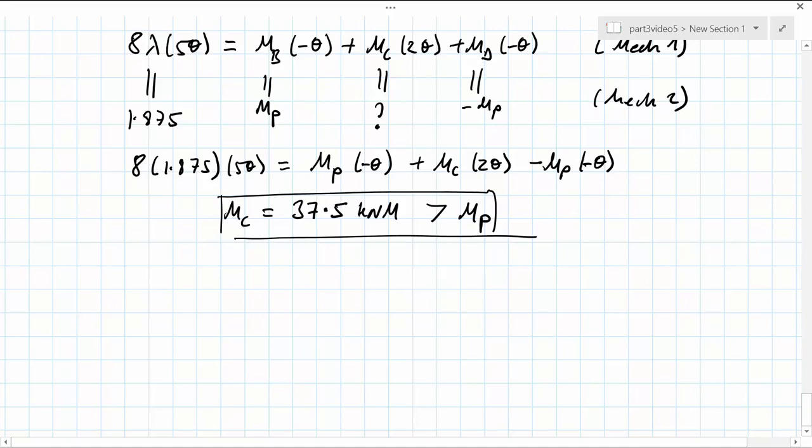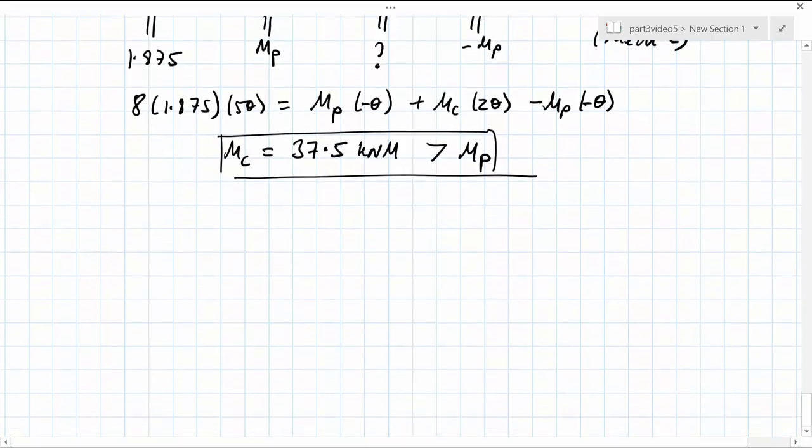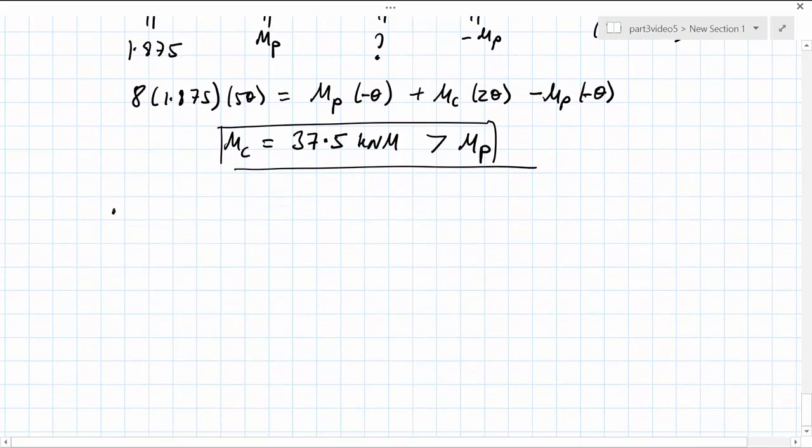We now need to use the results of mechanism 2 and invoke what we call the lower bound theorem, which involves scaling the collapse load factor down. To do this, we divide MC by MP, which gives us 37.5 divided by 30, and that equals 1.25.